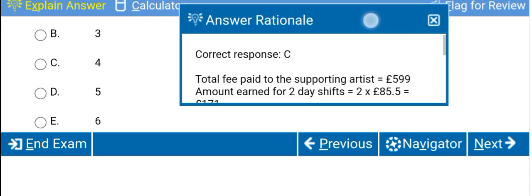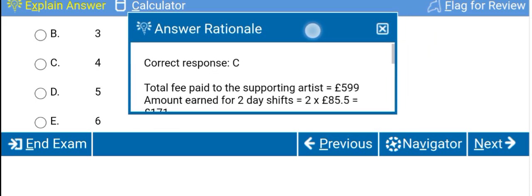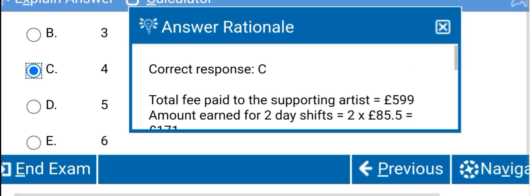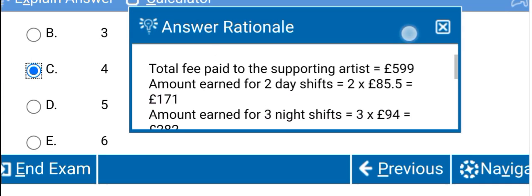So let's see which one is the correct option. So here we have the correct response is option C, as the total fee paid to the supporting artist equals 599 pounds.